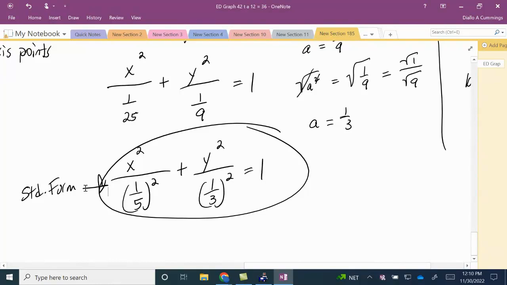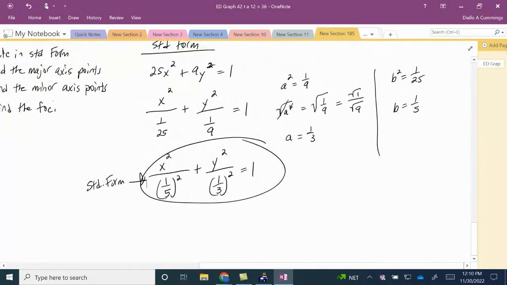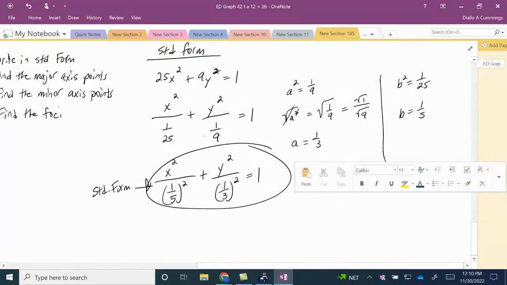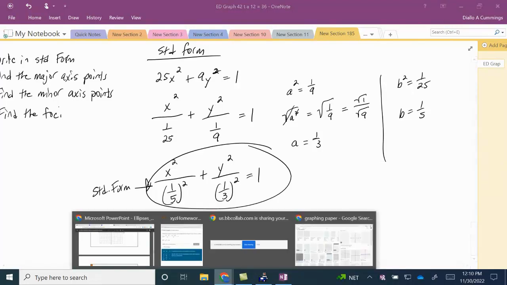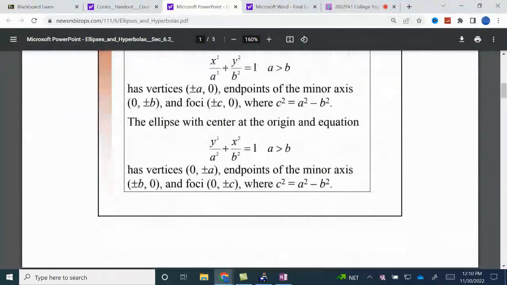Next, we're going to find the major axis. Notice that for our major axis, the largest denominator is 1/9, which is underneath the y variable. So if we go back to our formulas, I'm going to use this second set of formulas because the largest denominator is under the y variable.